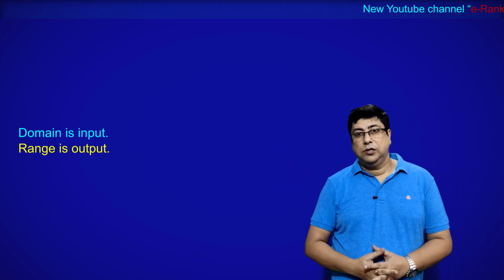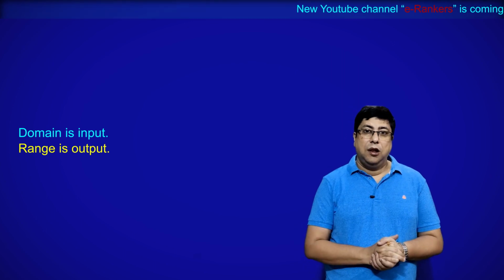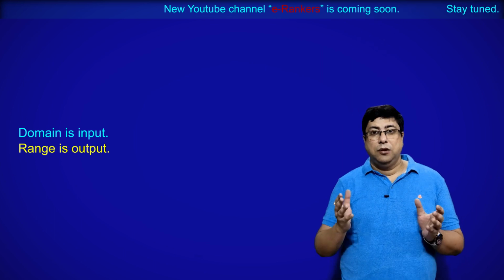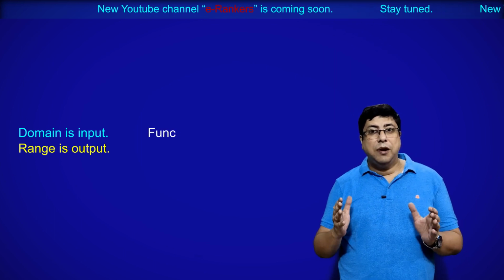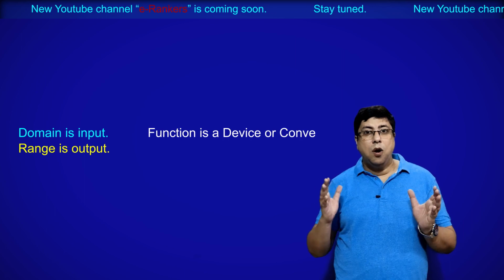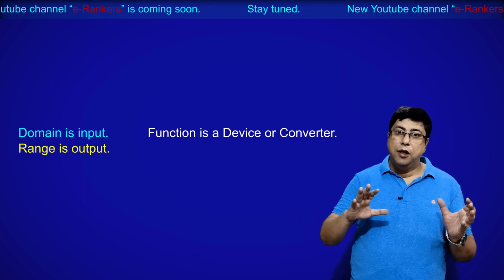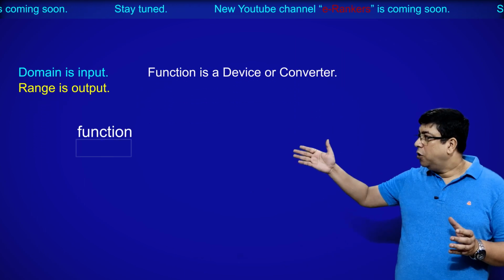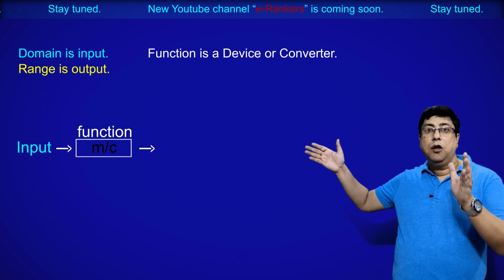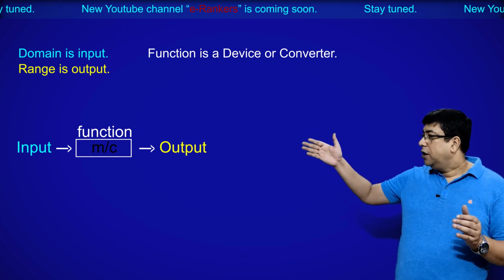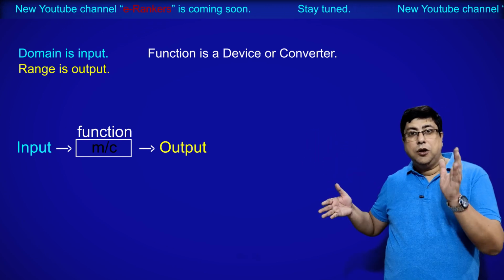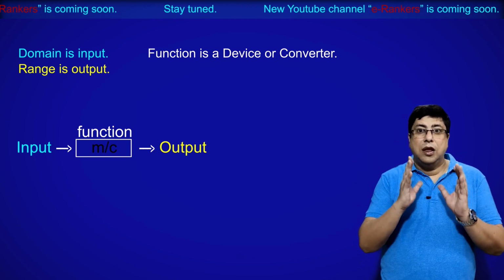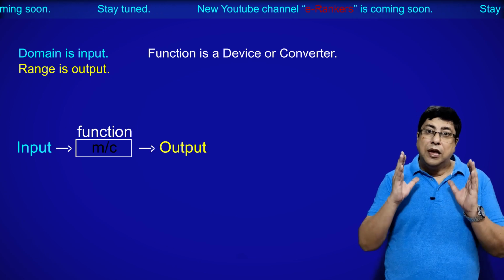And what is a function? This chapter is in class 11 as well as 12, and it is a very important topic of calculus. A function is nothing but a device, a converter which converts input to output. If we give some input to the machine or converter, it will give us some output. It means in this machine there is something. What is that something? There is some formula, the nth term.